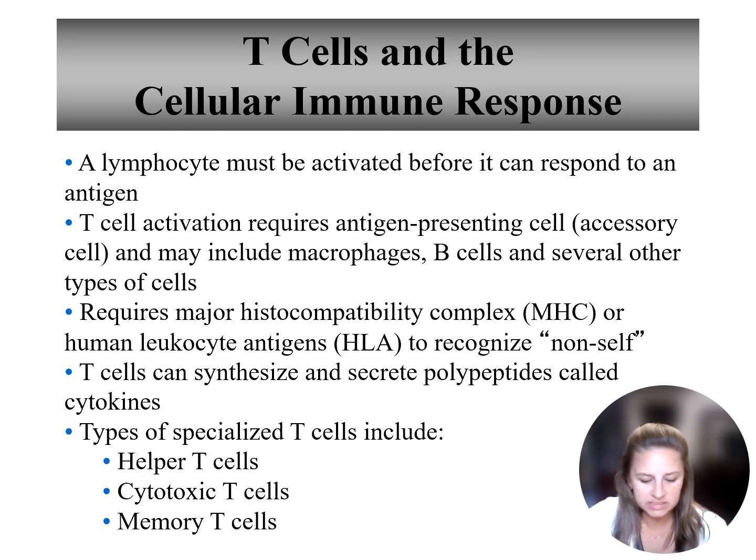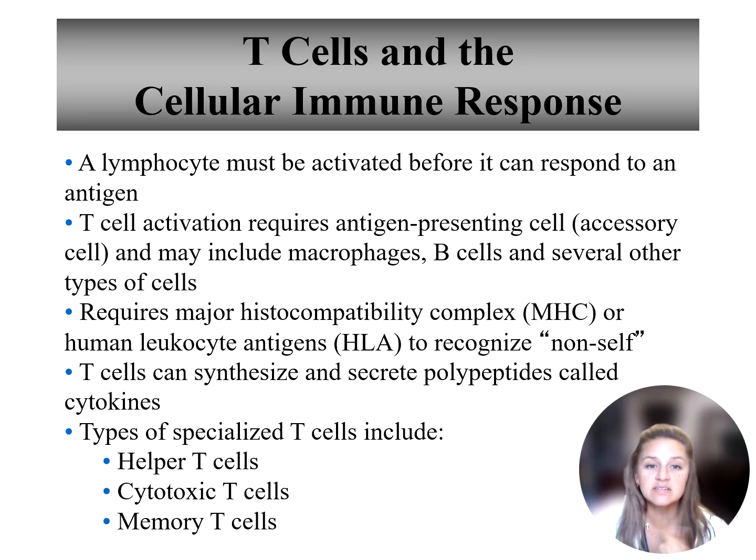Okay, so T cells. So we said the T cells get activated in the thymus, and a lymphocyte must be activated before it can respond to an antigen. So these types of cells have to learn or look for the types of pathogens, antigens that they're trying to fight against.